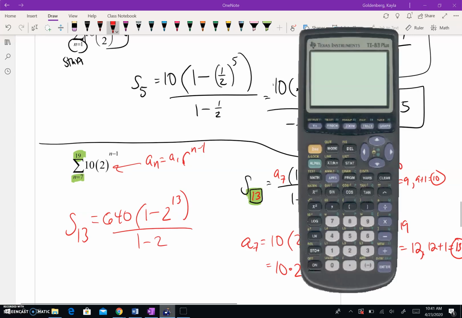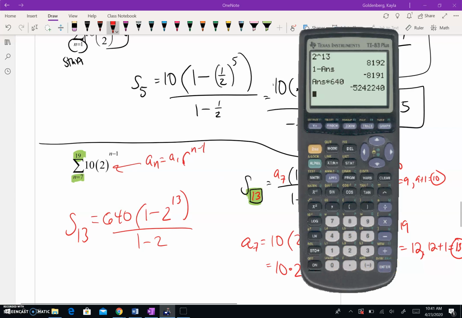Okay, and then we want to plug it into our calculator. Now, remember how I said before, you have to be careful about order of operations. So I normally start inside parentheses and do 2 to the 13th power. And then I do 1 minus second answer to pull back the last thing that I just typed. And then I have to do that times the coefficient of 640. And I kind of just go step by step because there's less errors that are likely to happen.